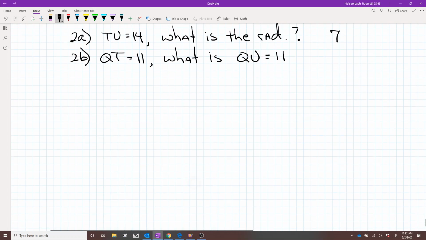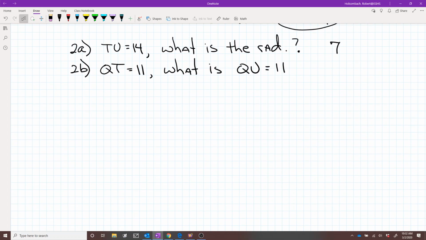Alright, there's a definition right below that example that you need in your notes. It says concentric circles. You need to understand what concentric circles are.